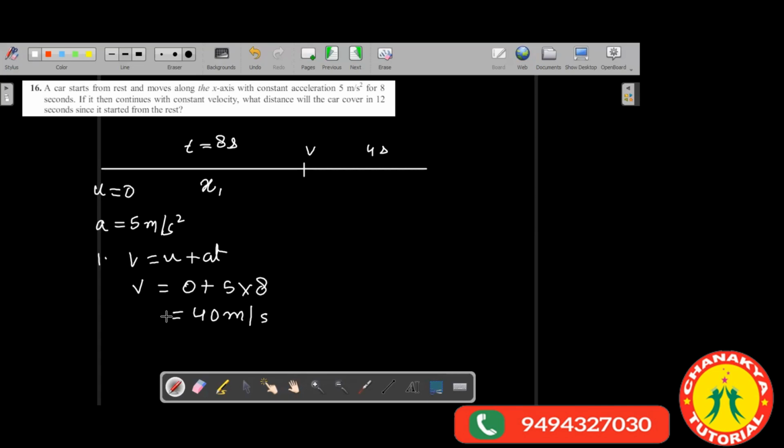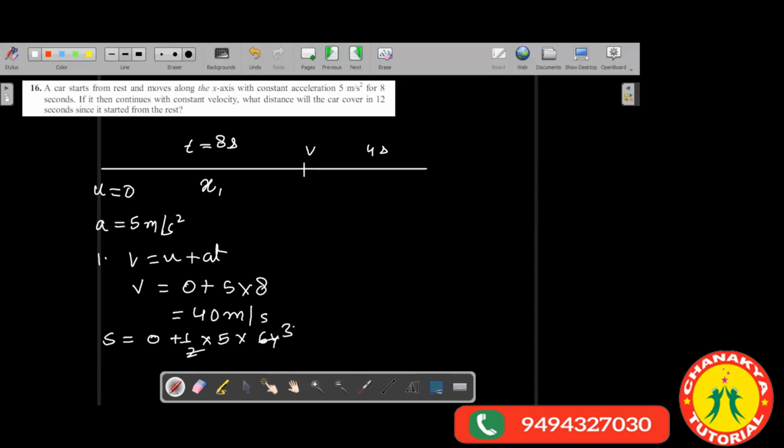The next one, we find out the displacement: S equals ut plus 1 by 2 at square. So u is 0, you get 0 plus 1 by 2 multiply acceleration, which is 5, and multiply t squared. So t is 8. You put 8 square, that's 64. You can cancel.